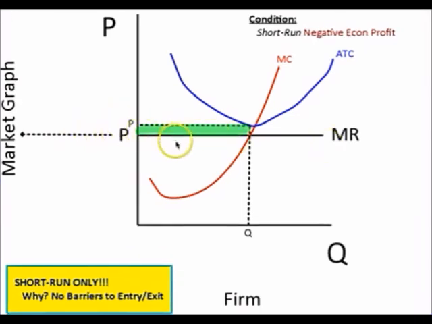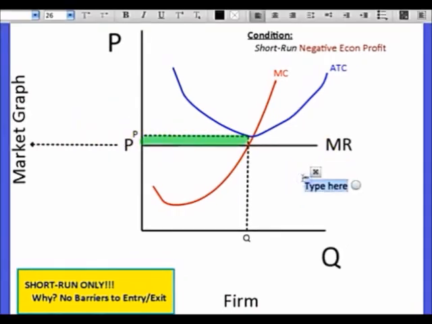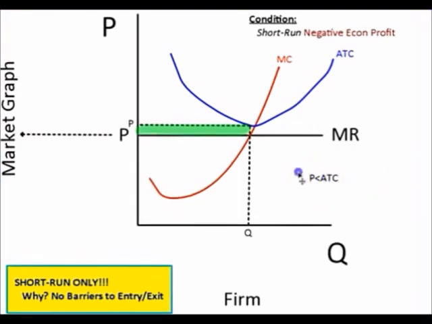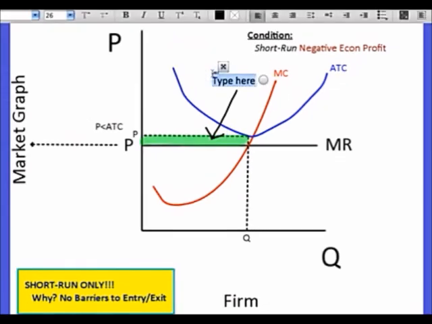What that means is the price is less than the ATC. The price of the product is less than the average total cost. What that means for us is this would be the area of negative profit, or loss. So that is the area of loss.